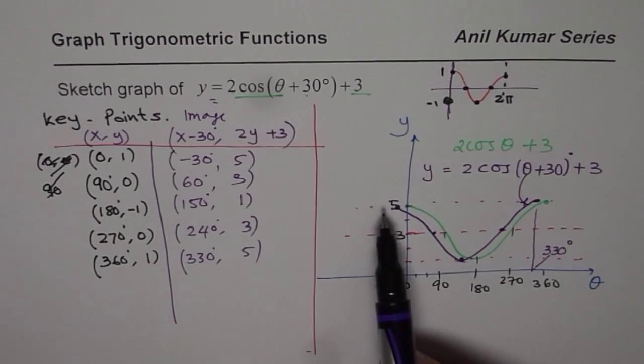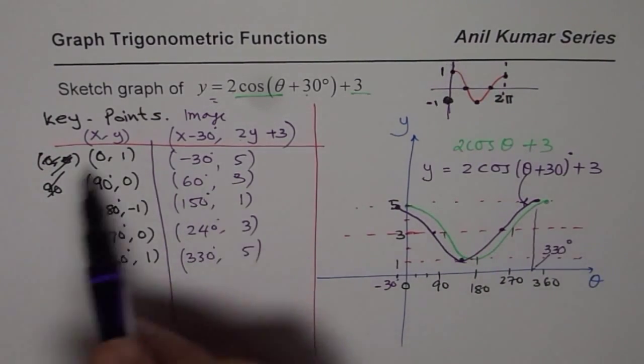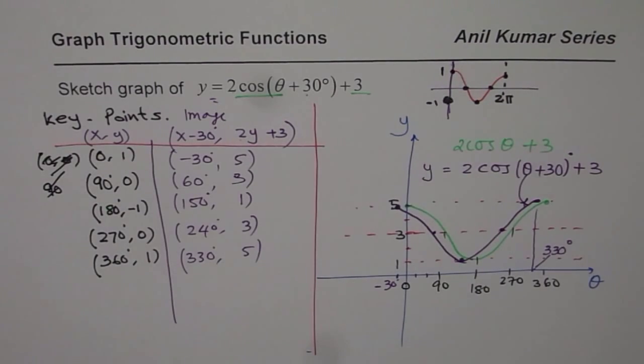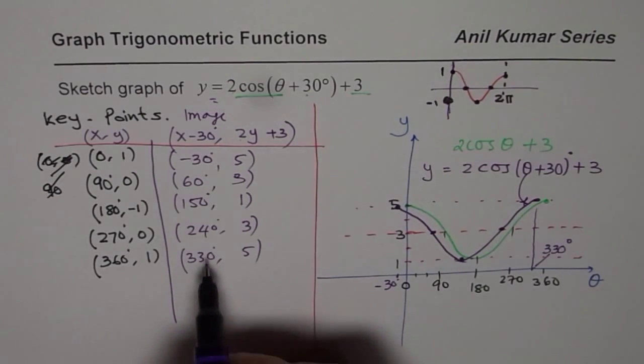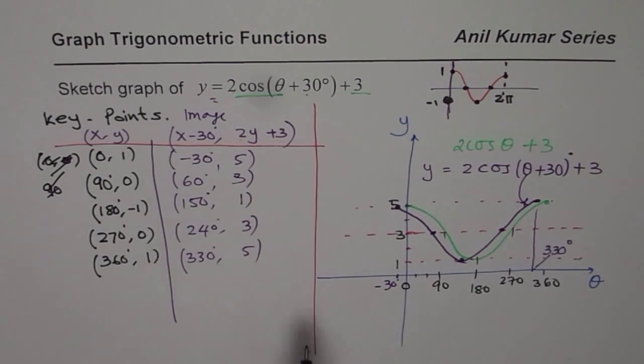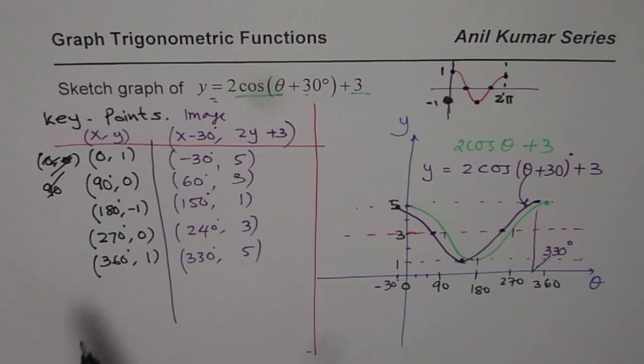So that is how you can sketch this graph without any calculations. That is what I'm trying to stress here, right? With very, very accurate same results, right? So when you do it on your graph paper, you can very easily get it, just as I got it. I recommend this method for you. Calculations is always good, but you can take time and make a mistake in these calculations.